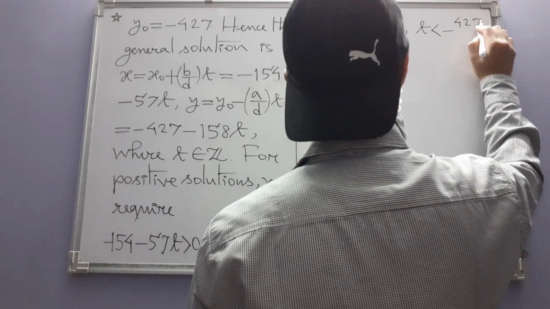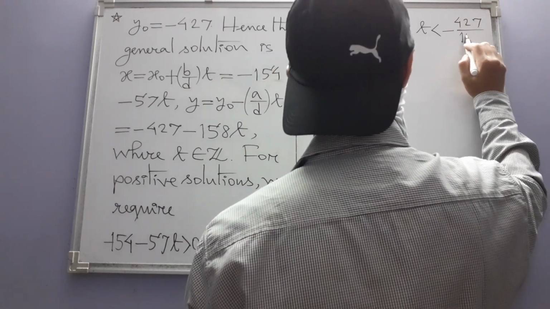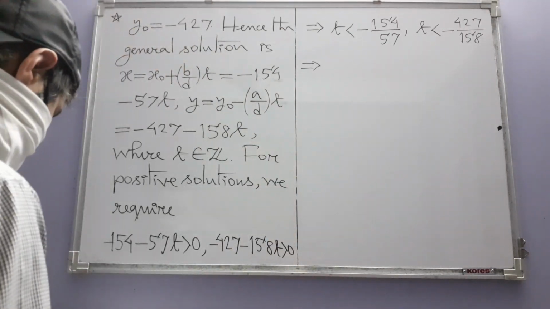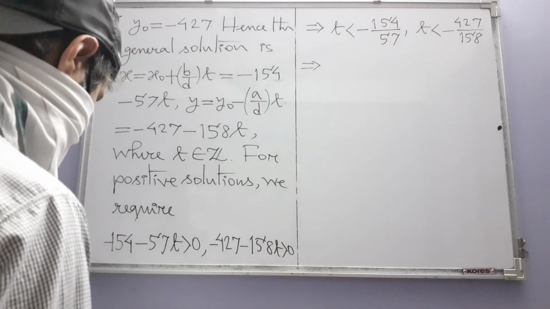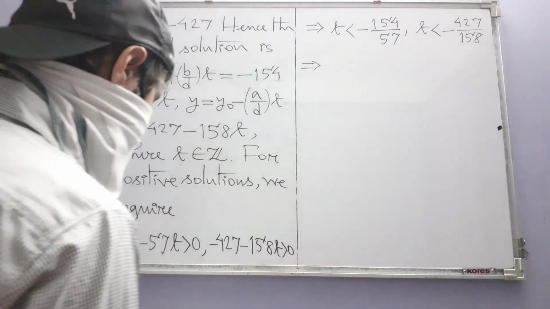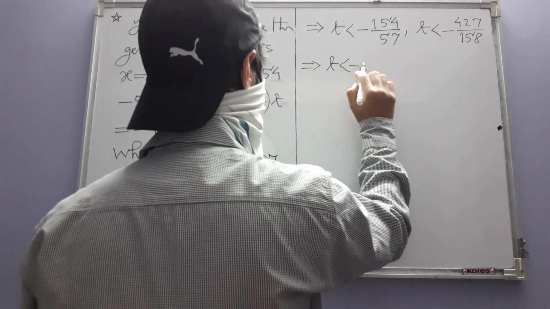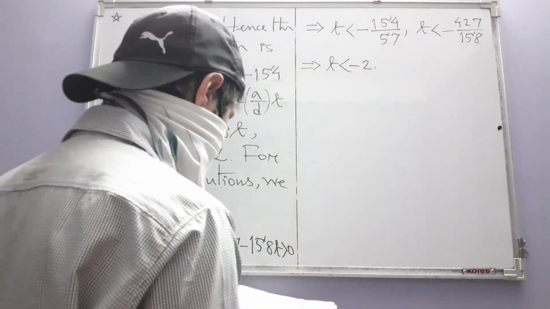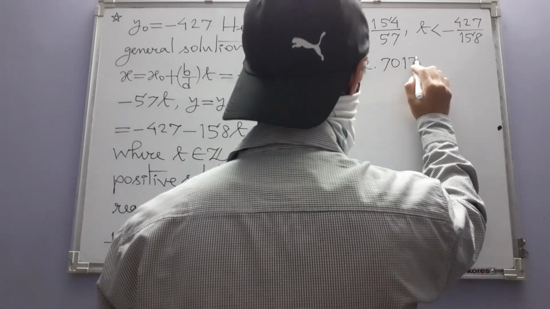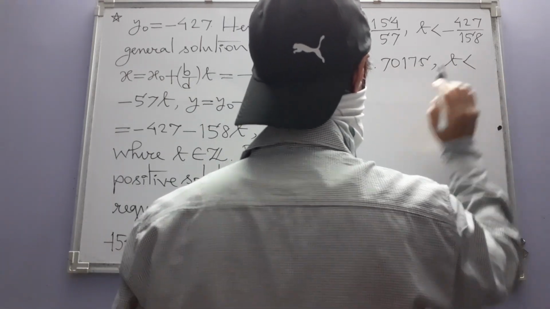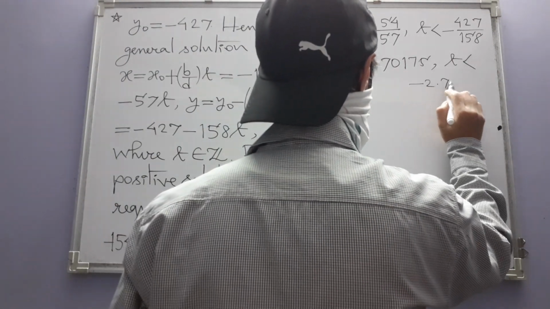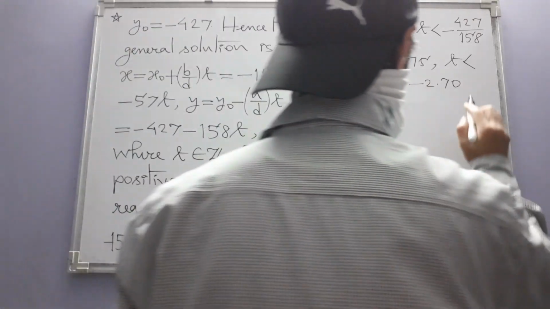minus 427 divided by 158. If we go to the decimal values, then the first one, that is minus 154 over 57, becomes approximately minus 2.70175, something like that, and the second one becomes t less than minus 2.70253.